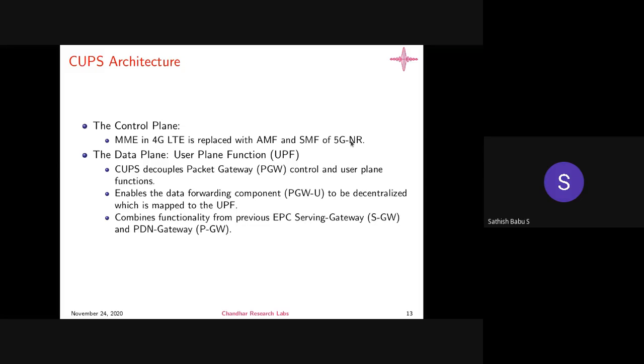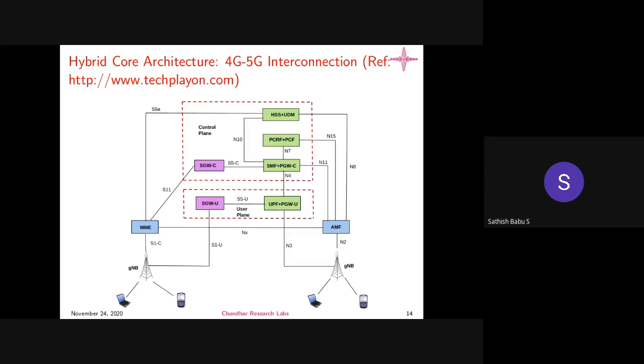Now, this is the major enhancement with respect to the control plane. Whereas in the data plane, it decouples the packet gateway into control and user plane functions. So I'll explain this with a proper diagram so that you will have a better understanding. So you see here the hybrid core architecture, or the 4G interconnection architecture.